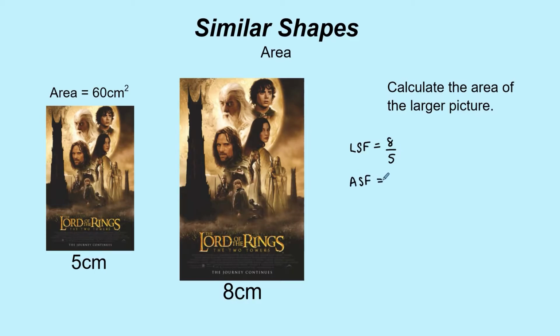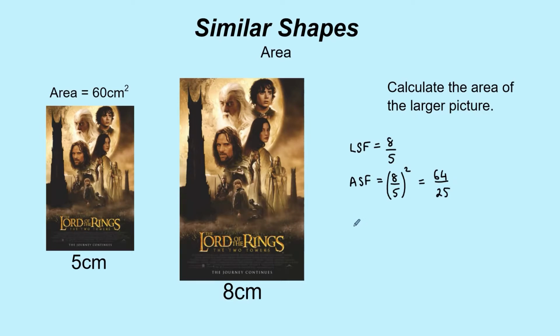To convert it, all we have to do is square the fraction. To square a fraction, you square the top and square the bottom. So 8 squared is 64, and 5 squared is 25. So 64 over 25. Again, that doesn't simplify, so we'll probably use a calculator.